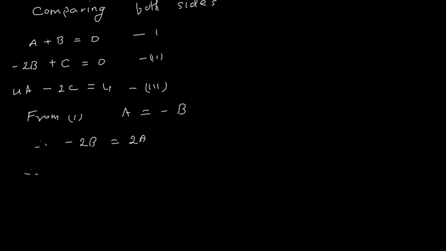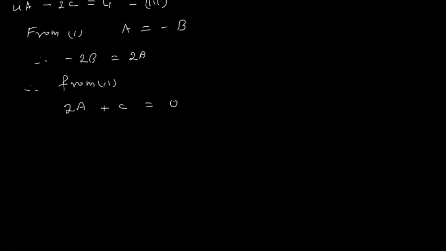Therefore from 2 we have 2a plus c is 0, and here we have 4a minus 2c equal to 4. So the third equation is 4a minus 2c equal to 4, that is 2a minus c is equal to 2.